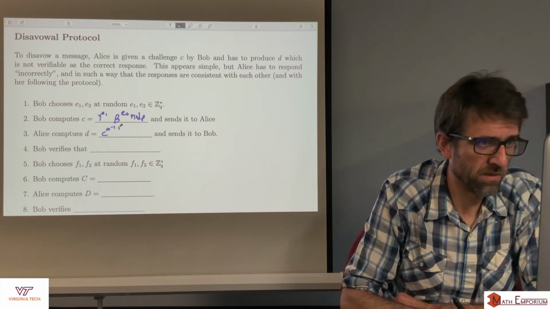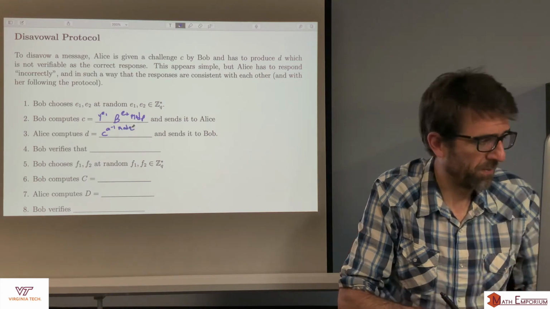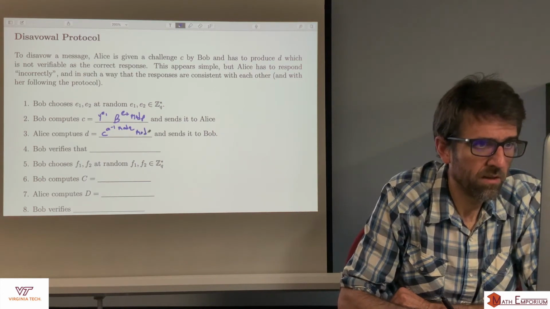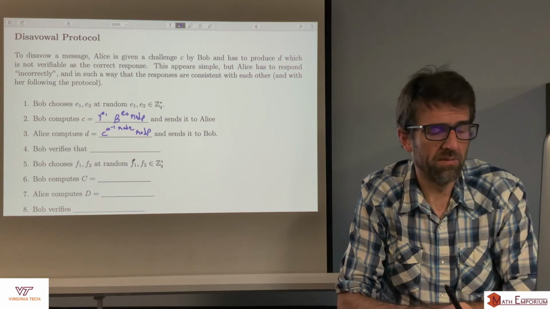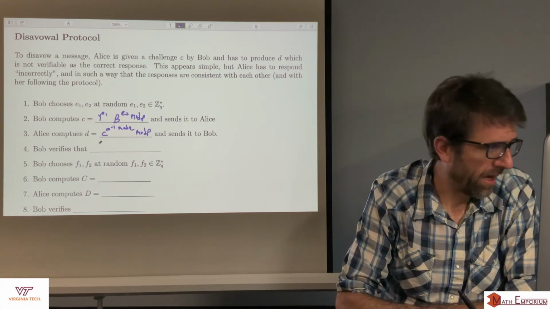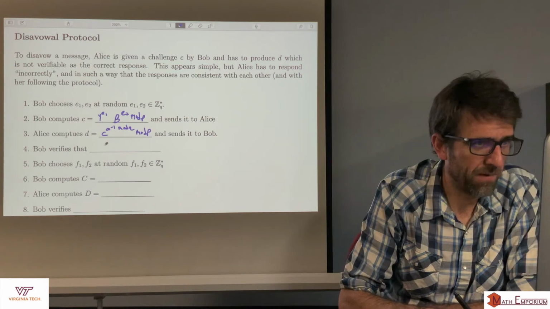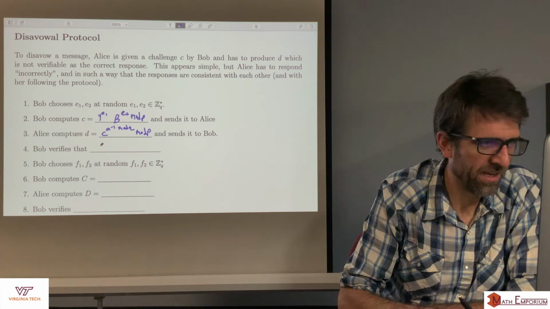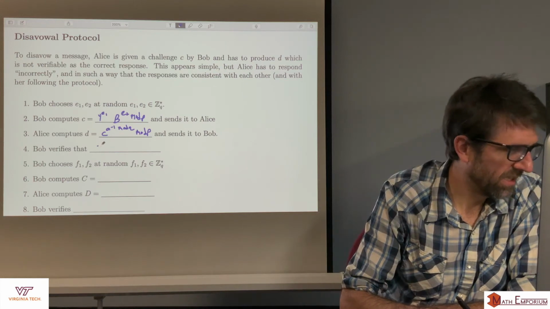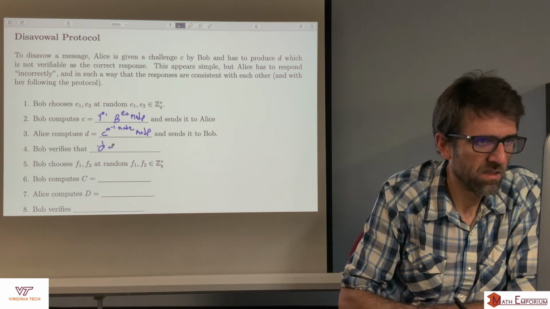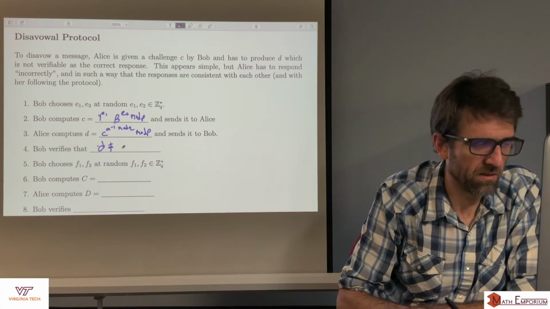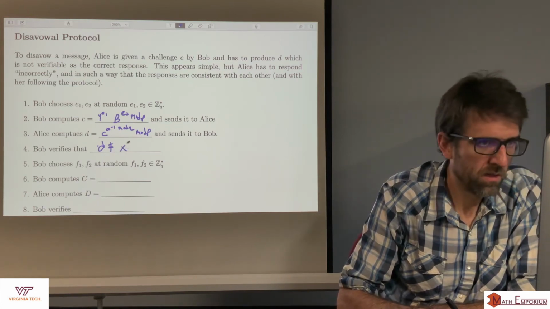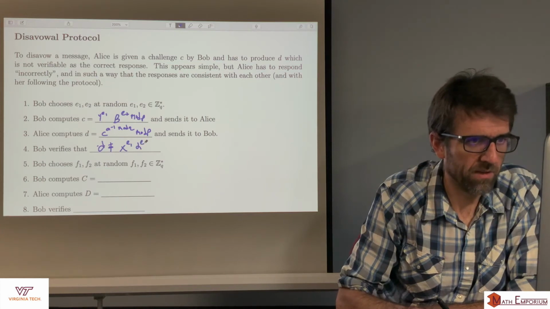As usual, inverses in the exponent are taken mod Q. Then reduce that mod P and send it back to Bob. Bob's going to verify here that this doesn't actually verify, so that D is not actually congruent to x to the E1 alpha to the E2.